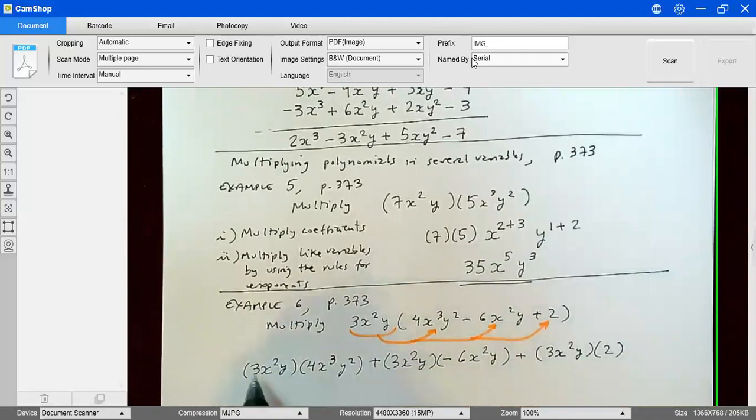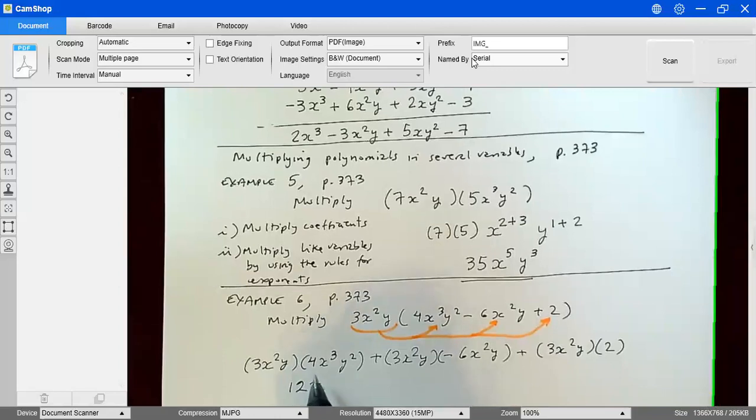So we multiply coefficients. 3 times 4 is going to be 12. X is going to be raised to the 2 plus 3, which is 5. Y is going to be raised to the 3rd power because 1 plus 2 is 3. Then we're going to have here positive times negative.